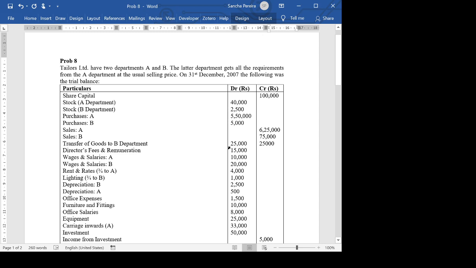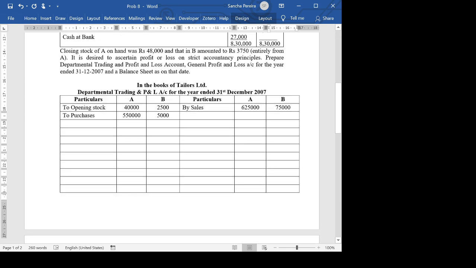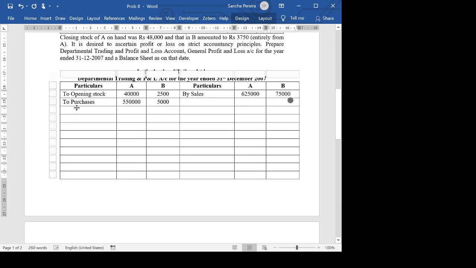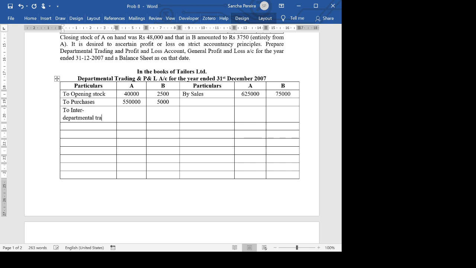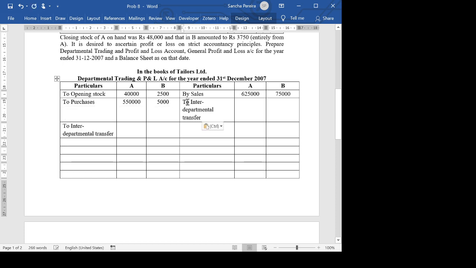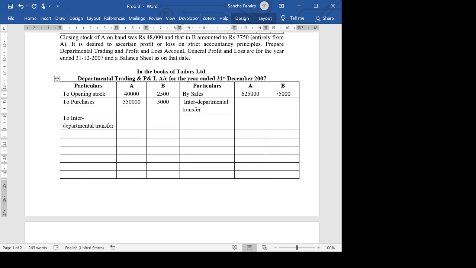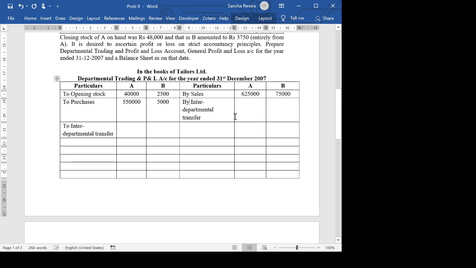So one is transferring, one is receiving. So basically B is receiving and A is selling. So I will say to interdepartmental transfer, and on this side it will be by interdepartmental transfer.